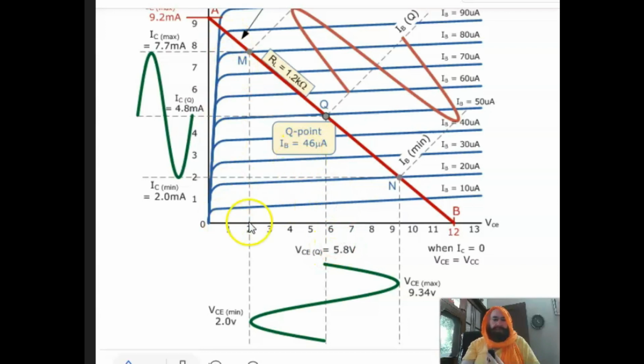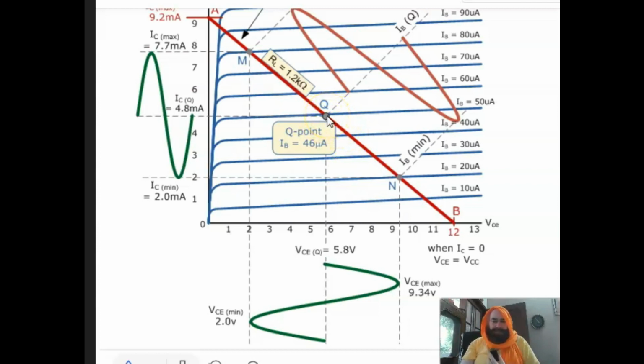This is a graph between collector emitter voltage along the x-axis and collector current along the y-axis. The red line is our load line. This is the Q point.